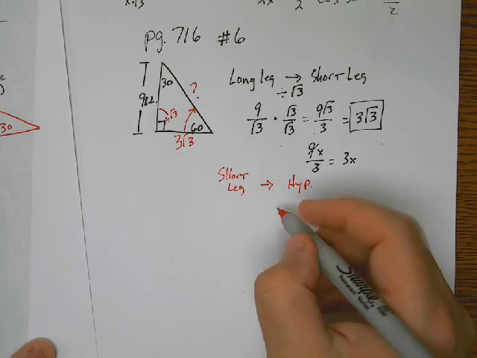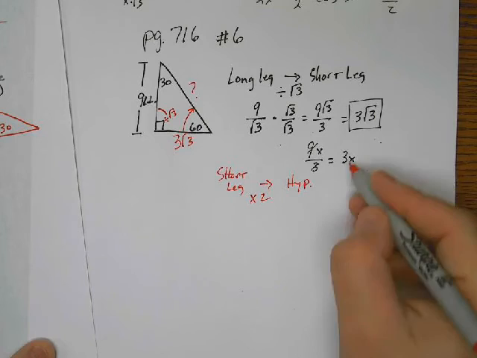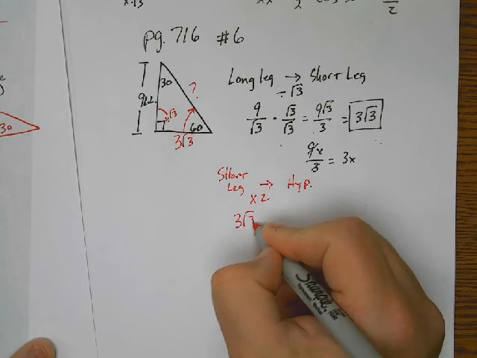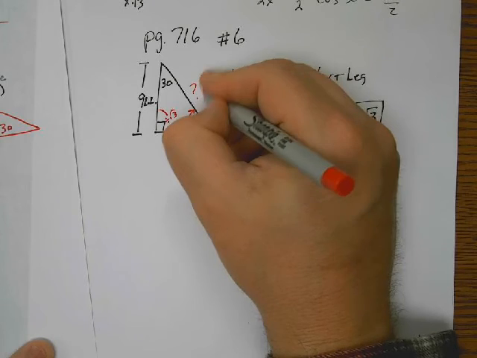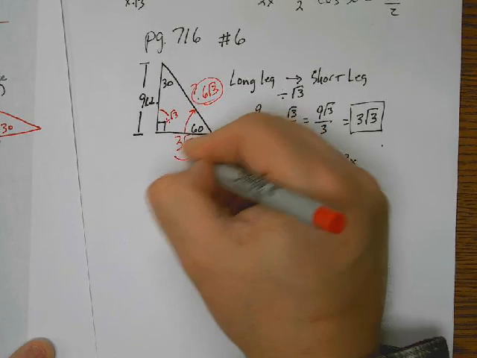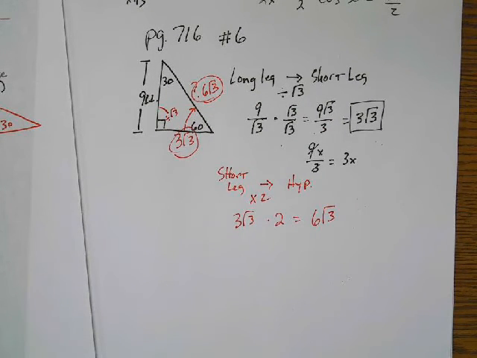It's actually really simple. We multiply by 2. So we take 3 radical 3, and we multiply by 2. And we get 6 radical 3. Here are our 2 answers. Now you can use the Pythagorean theorem. You're going to get the same thing. But the shortcut's easier.